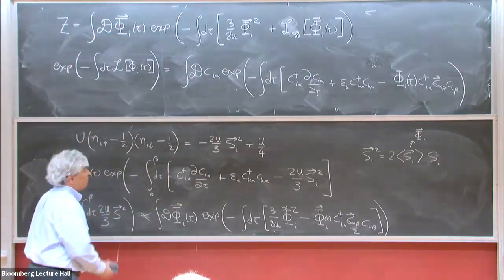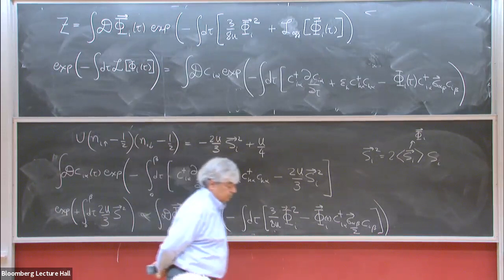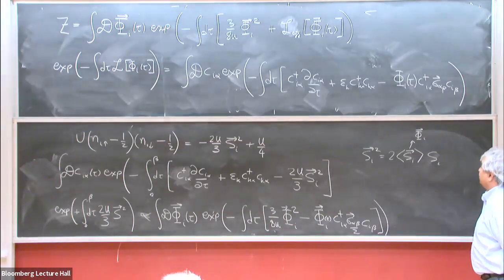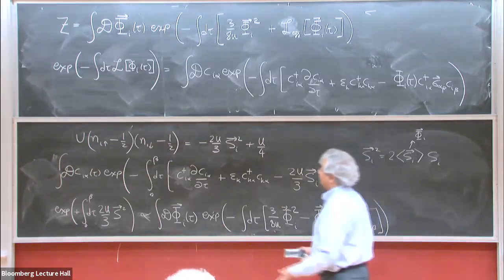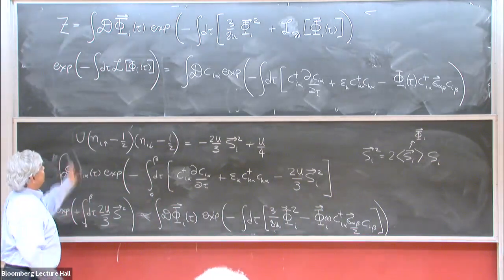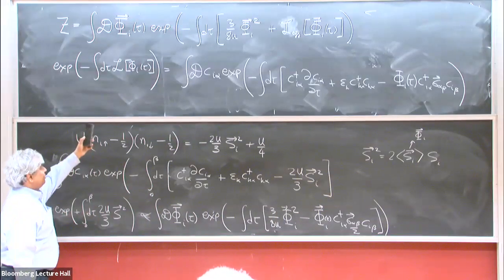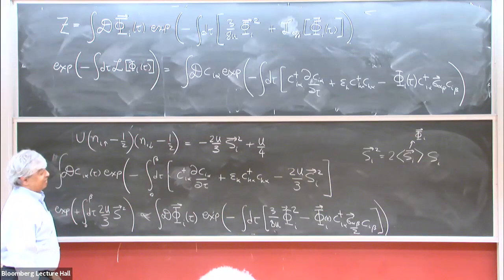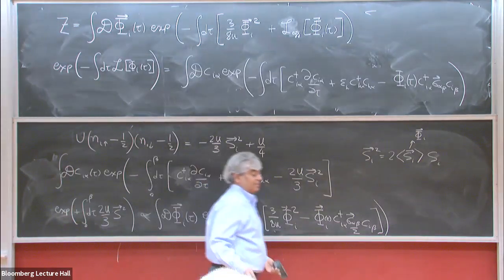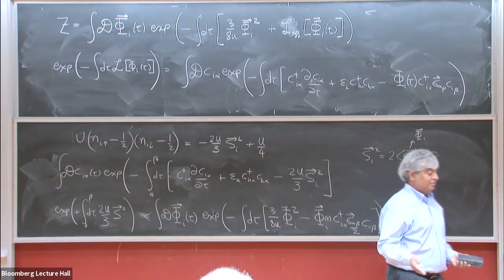But you need a non-zero value of the average of S, right? Well, there are two steps. First, I have to determine L of phi. Then the next step is to do the path integral over phi. The structure of L of phi will tell me whether phi has a non-zero expectation value or not. It will have some expectation value which could depend in a complicated way on space.